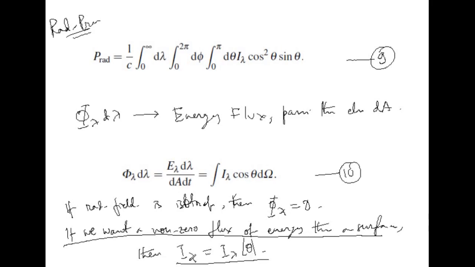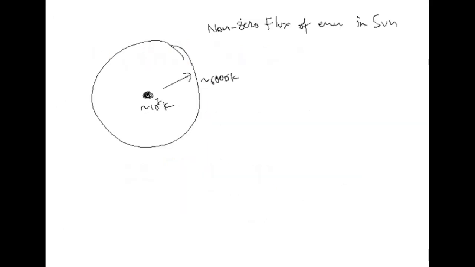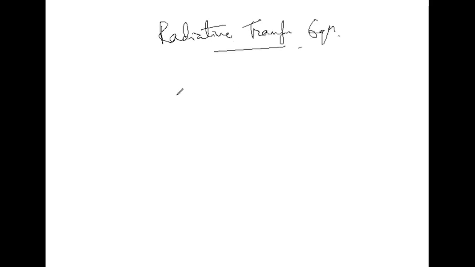Then the specific intensity should be a function of angle theta, right? Okay. So now let me talk about the radiative transfer equation. This is again a very important topic.